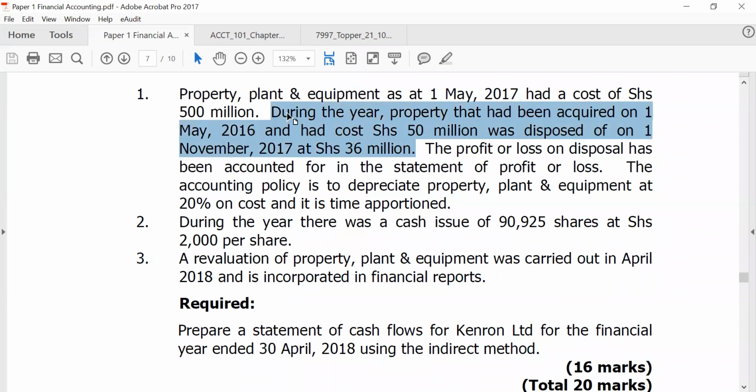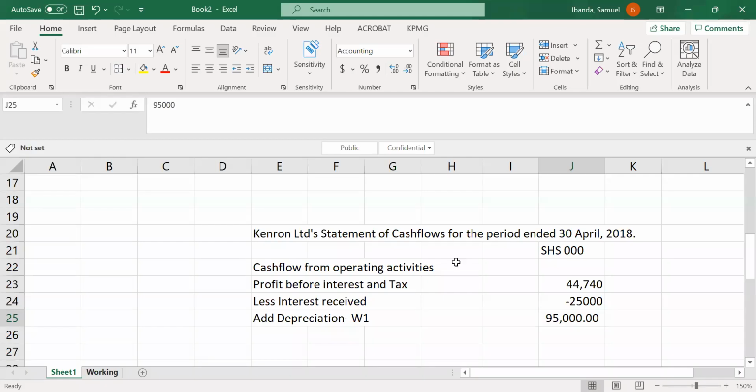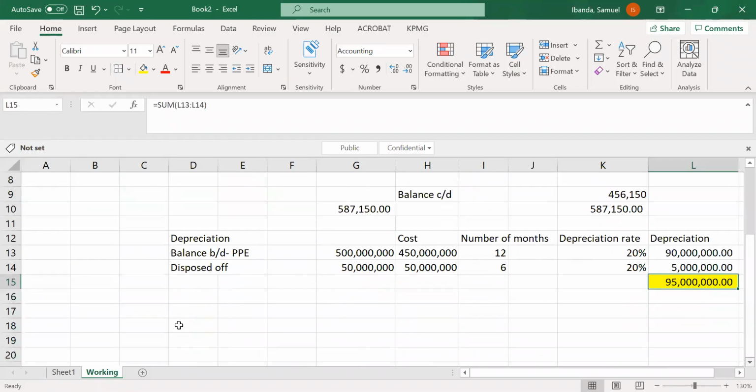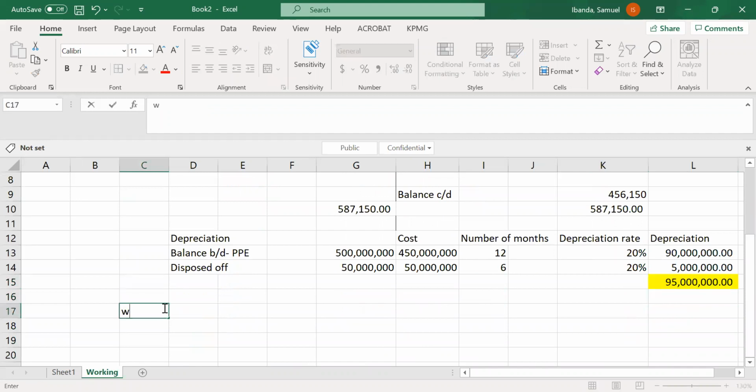Now, they have given us when this asset was actually acquired. So it was acquired on 1st May 2016. So let me just try to get to a working here. I'll do this as my working two.